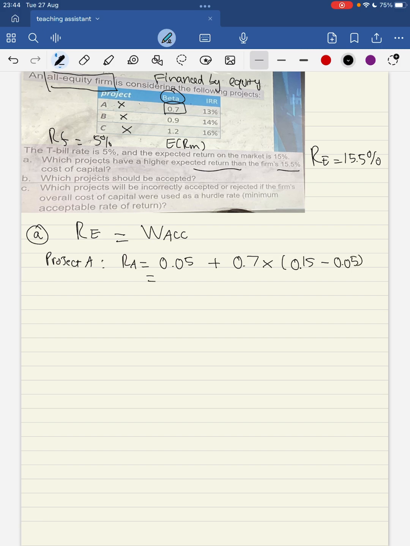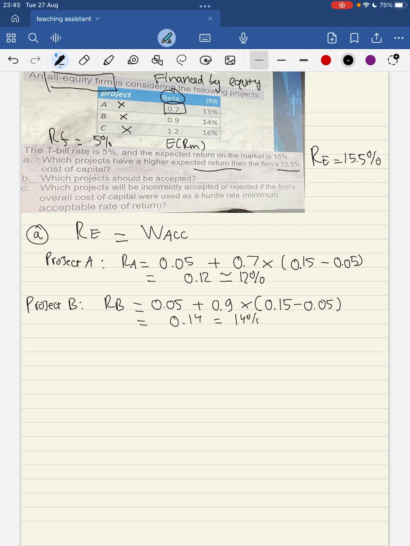This is equivalent to 0.12 or 12%. Project B, RB equal to 0.05 plus 0.9, this is the beta, times 0.15 minus 0.05. And it is equal to 0.14, 14%.